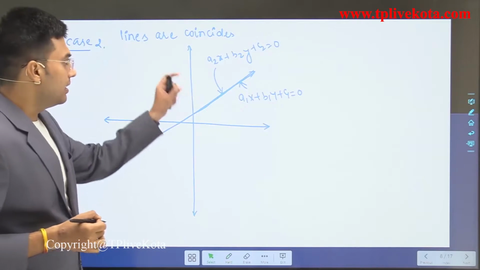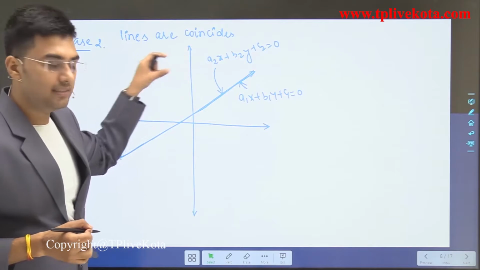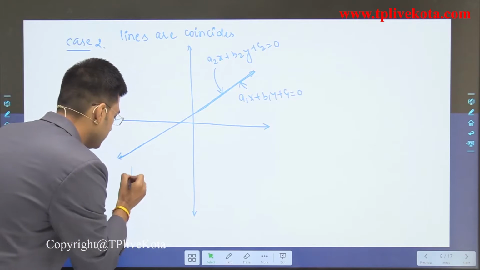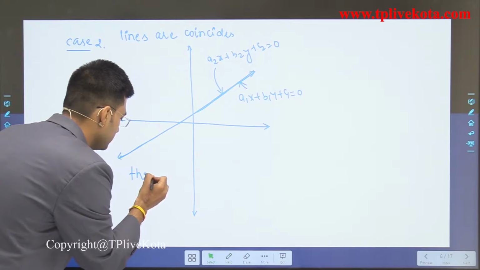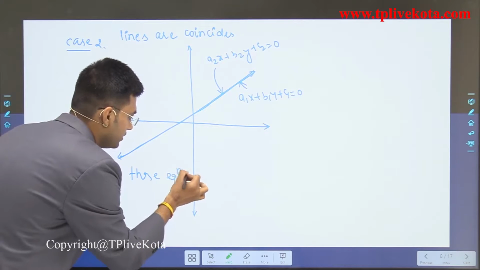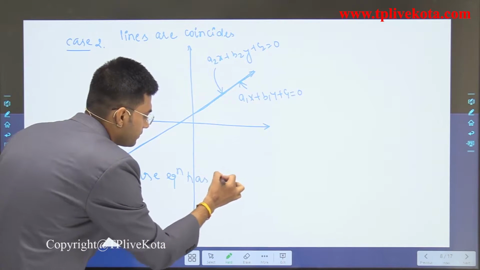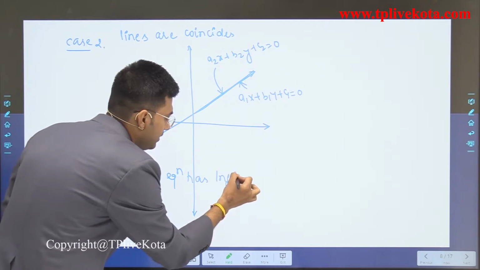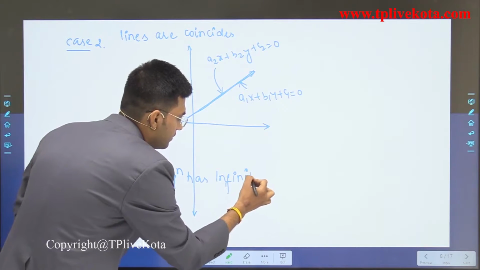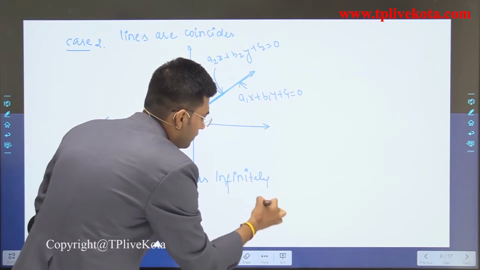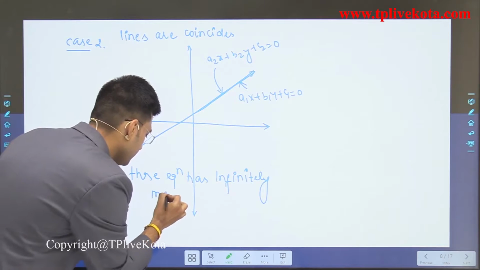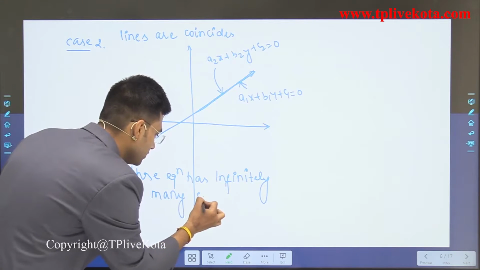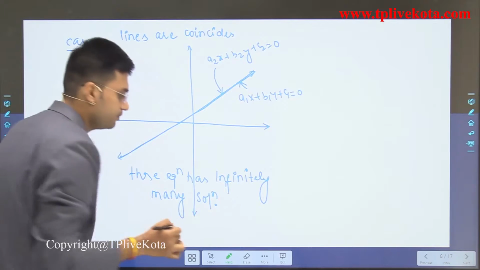Clear? Now if lines coincide, then we can say that these equations have infinitely many solutions. Clear?